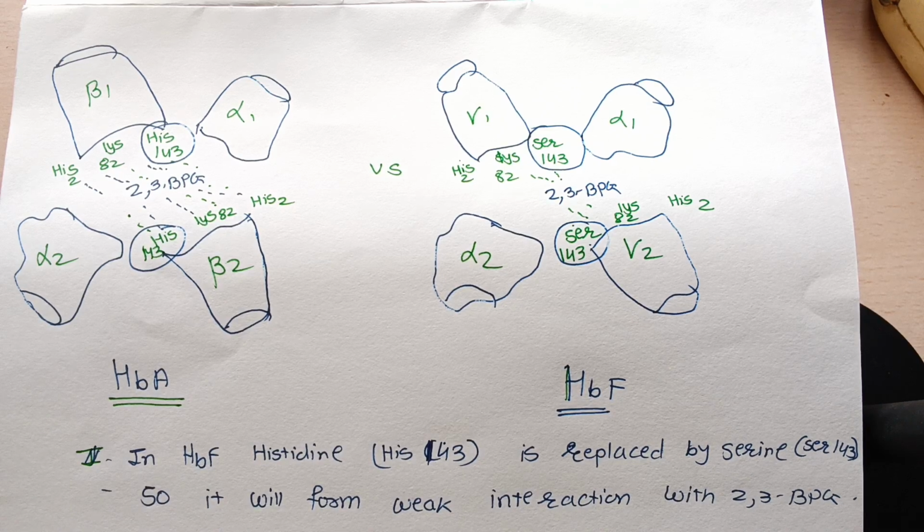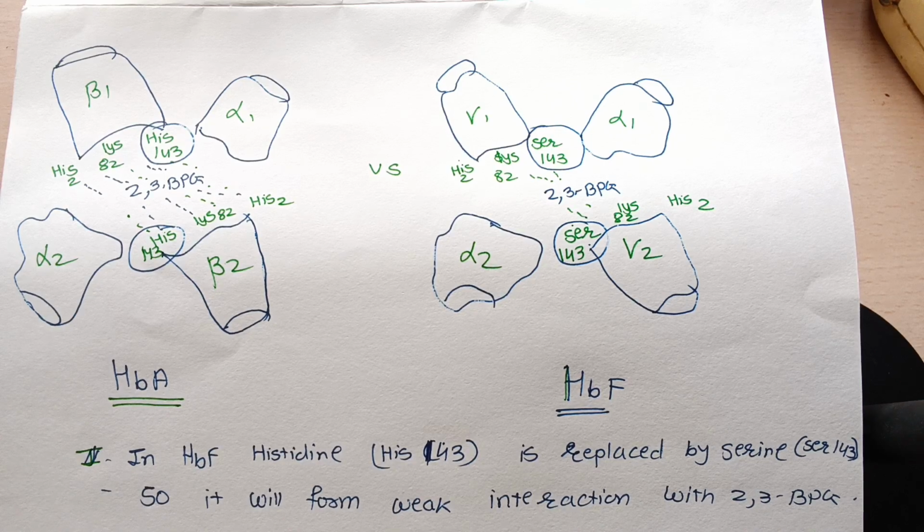2,3-BPG will act as an allosteric regulator. Allosteric regulator means the hemoglobin's affinity towards oxygen will decrease and it will unload more oxygen to the tissues which are in need.